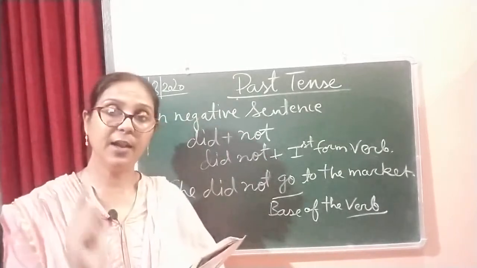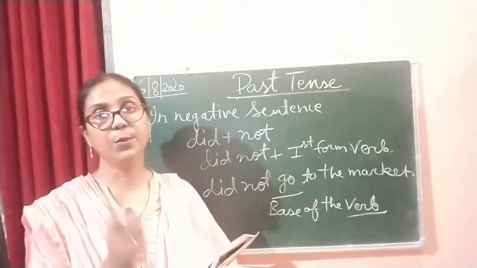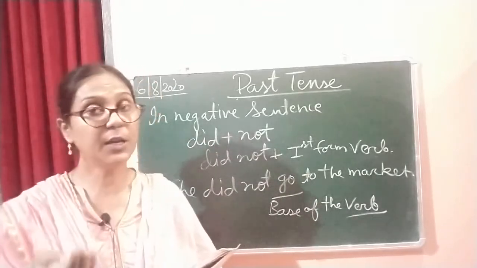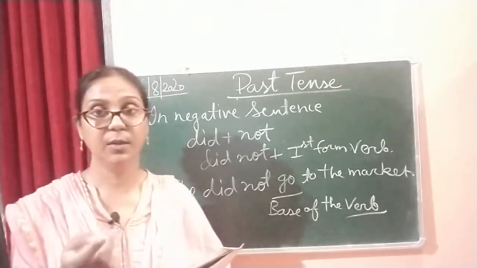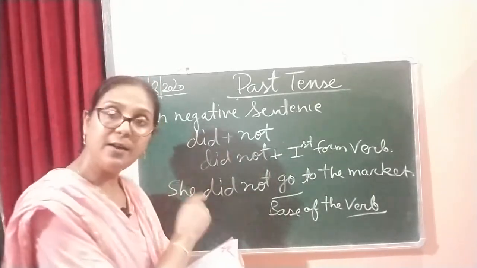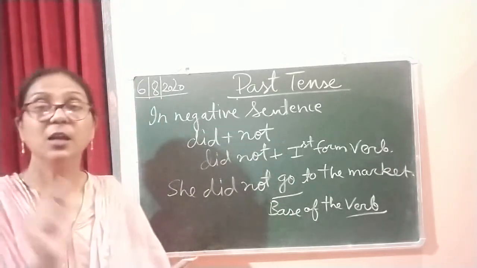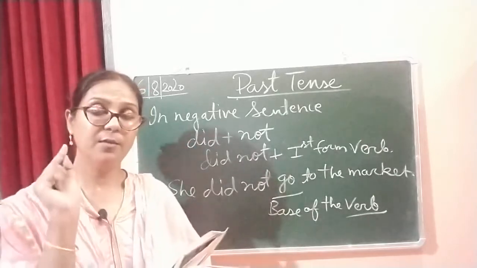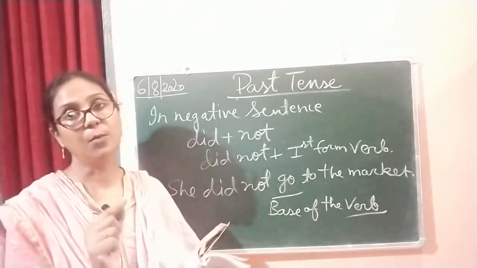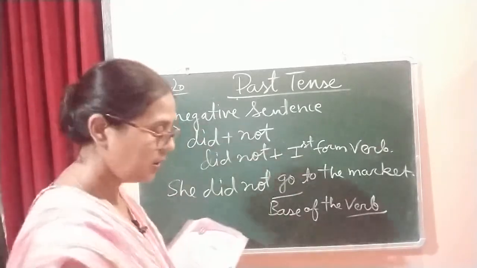Wherever you find did, keep in your mind that you are always supposed to use the first form of the verb, not the second form. We usually use the second form of the verb in simple past tense. But with did, whenever we are using did in negative sentences or in interrogative sentences, we must remember that we are going to use only and only the base form of the verb. This we have to keep in our mind.